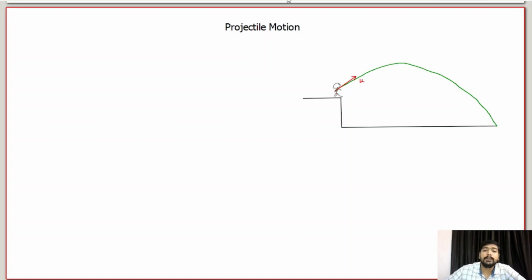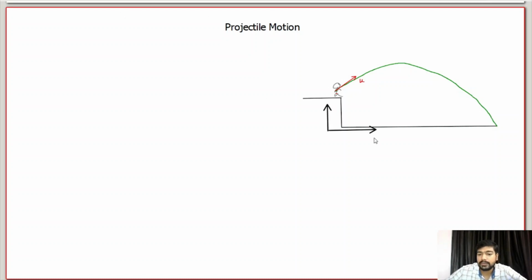So let's understand what is going to happen in this projectile motion. Let's consider our coordinate system. Firstly we will take our coordinates. This is my x direction and this is my y direction.